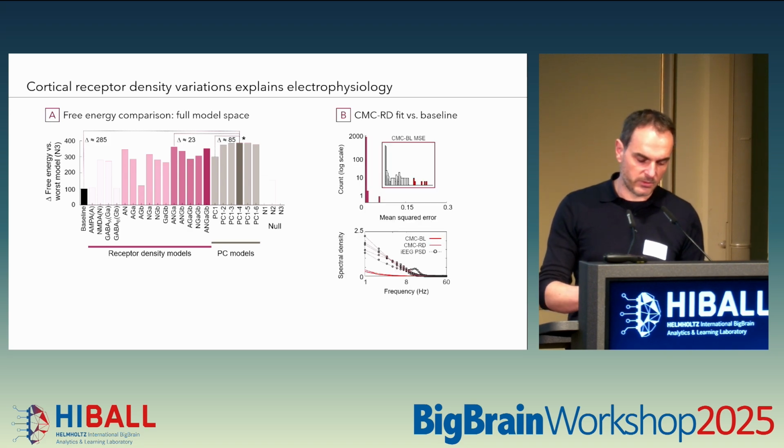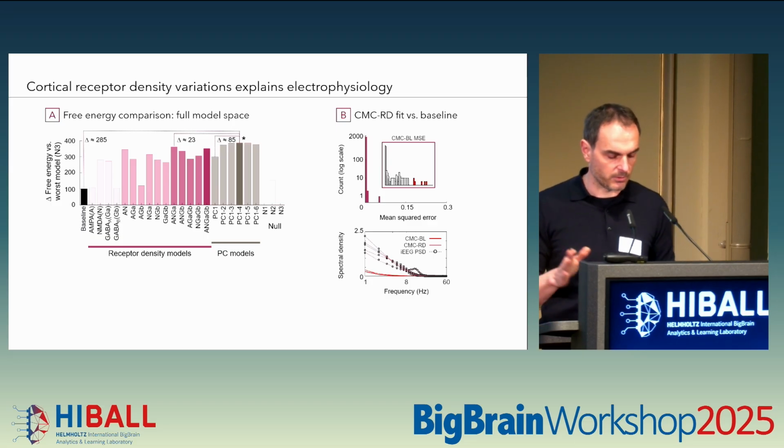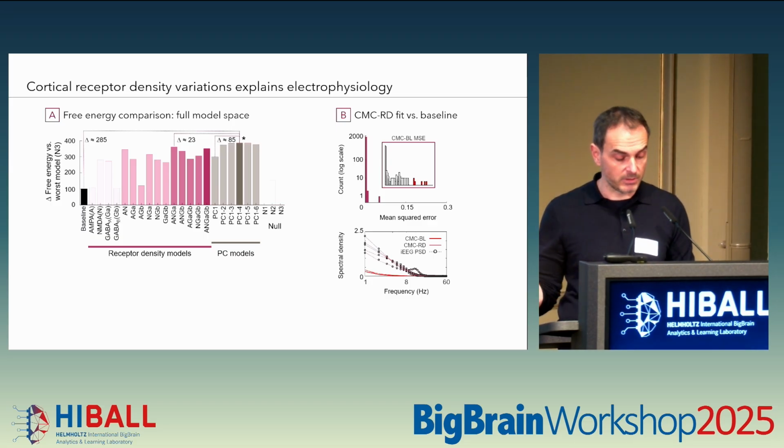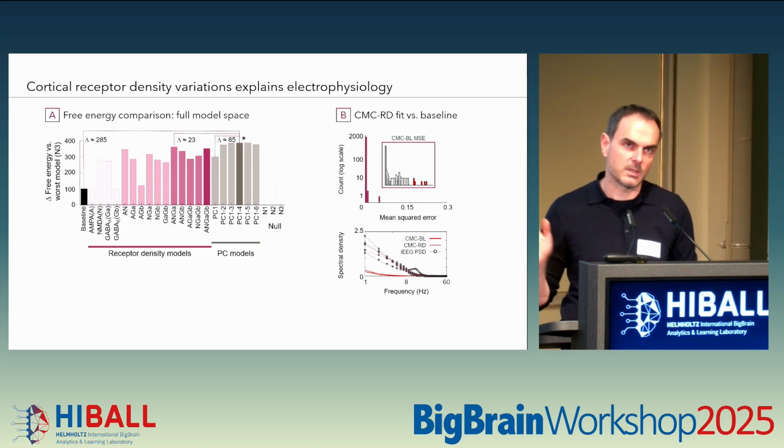And you see that here when we did the model fitting including the receptor densities, all the principal components, we got much better model fits. There was only one which wasn't great. It was still good, but not nearly perfect, as you see here compared to the standard DCM.